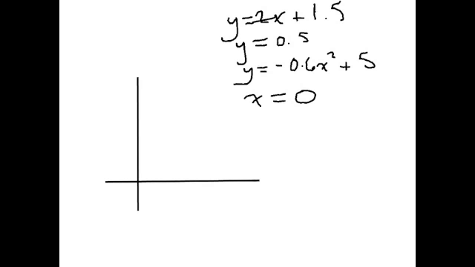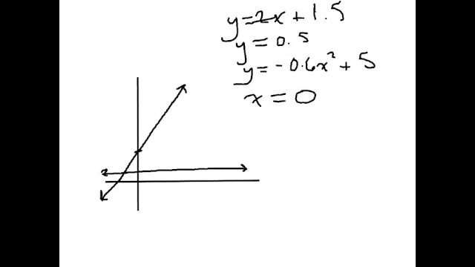So the next step is to graph them. And this is a simple step. Start with 2x plus 1.5. So this is about 1.5. Looks something like this. We don't need to be exact at this point. Y equals 0.5, about a third of that. That'll be across here.